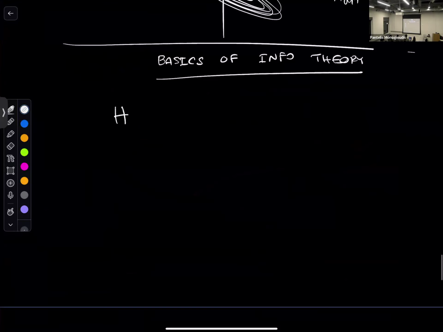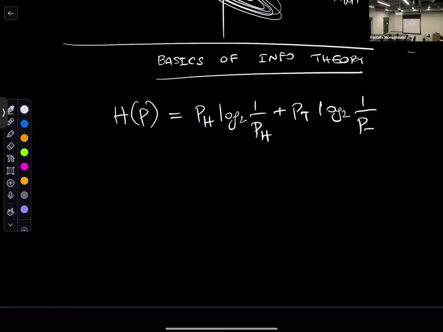So the entropy H, capital H. Now, because the probability of tails is 1 minus probability of heads, as you can understand, everything on the right-hand side suddenly becomes a function of probability of heads. So we go and plot the capital H as a function of probability of heads. That's what we do.